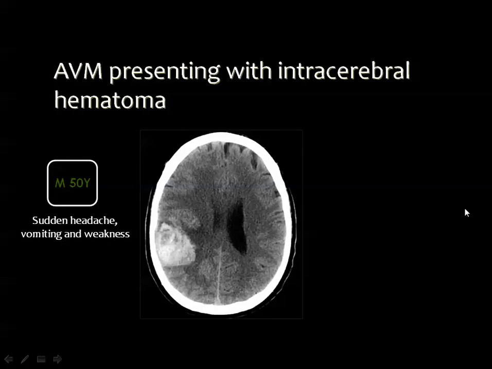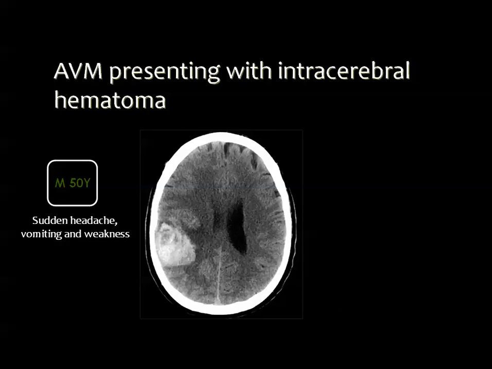Sometimes a vascular malformation will present with an intracerebral hemorrhage, and this hemorrhage is usually seen in younger patients and in an abnormal or unusual location for hypertensive hemorrhage. You know that hypertensive bleeding occurs usually in the temporoparietal area, and in patients who are hypertensive and maybe diabetic.